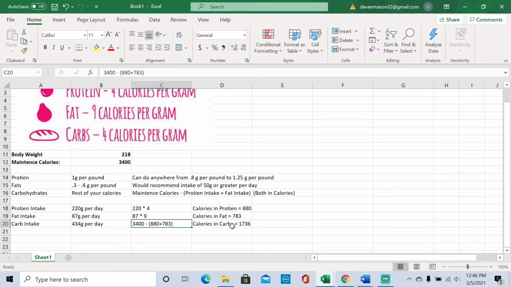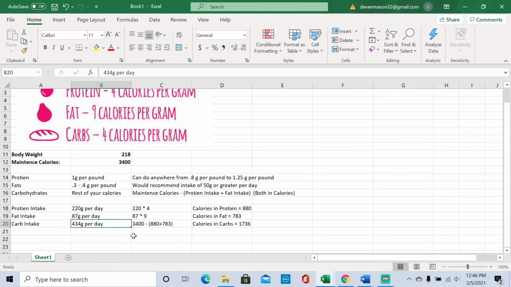And then when you calculate out those numbers, you will come out with my calories in carbs coming out to 1,736, excuse me. And when you divide that by 4, you will come out to 434 grams per day.